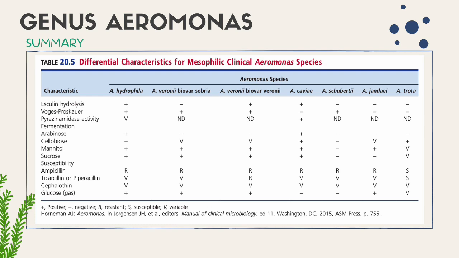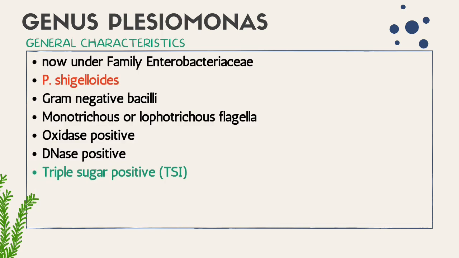So let us focus on the mesophilic, especially your Aeromonas caviae and Aeromonas hydrophila. But of course, since they are few, it is important for us to at least know the other species as well and their results on different types of biochemical tests.